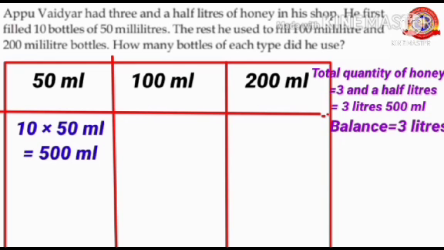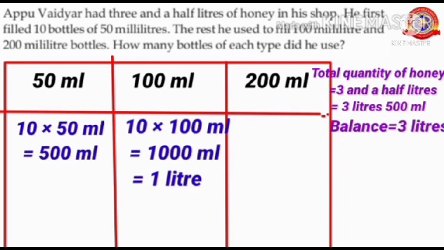Next, Appu Vaidyar filled 100 milliliter bottles. Suppose he takes 10 bottles of 100 milliliters, how much honey can fill it? Yes, 10 times 100 milliliters. That is, 10 into 100 milliliters equals 1000 milliliters, which is equal to 1 liter.